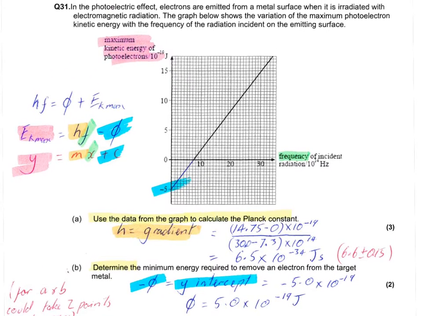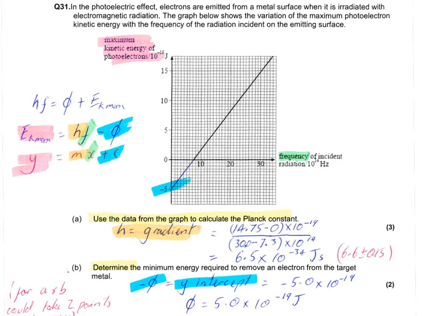Using data from the graph, calculate Planck's constant. So the point is that h is the gradient. There you go, h is the gradient. And then I did some calculations from some delta y's and delta x's. So delta y, I read that off as 14.75, take away 0, times 10 to the minus 19 joules.